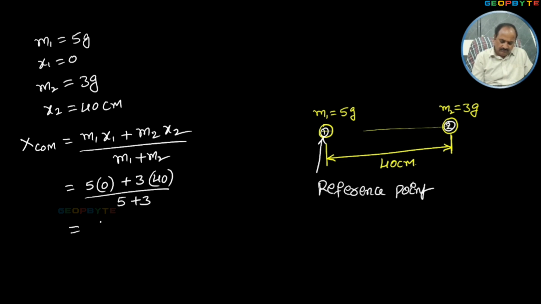It is 40 into 3. This part is 0. 40 into 3, 120 divided by 8. 8 times 15 is 120. It is 15 centimeters, 15 centimeters from the 5 gram particle.